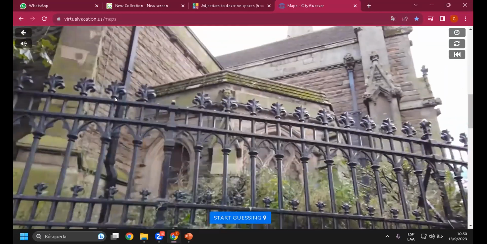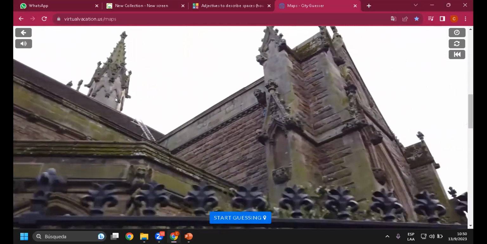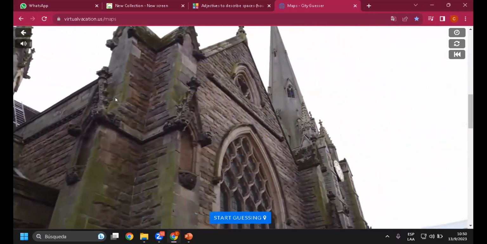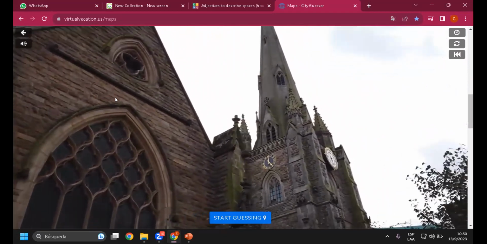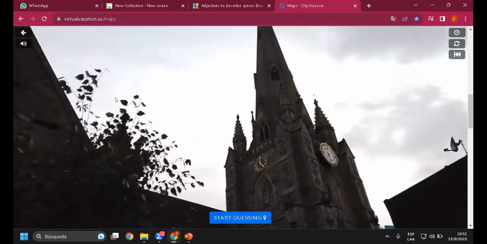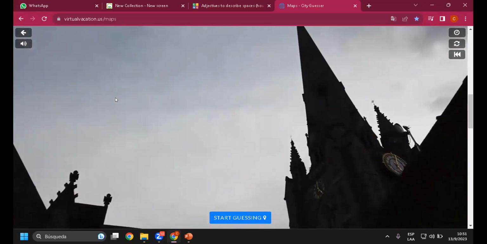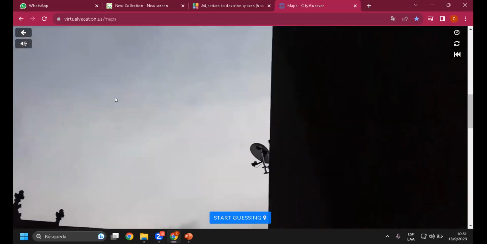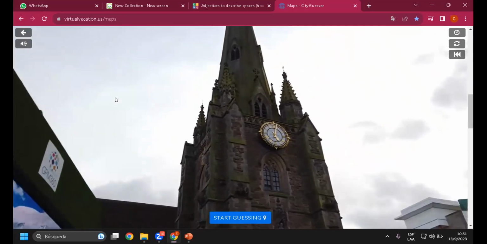Some buildings are pretty traditional. Very good. Pretty traditional. Sounds good. What else? It's very beautiful. Look at this. You can tell me about the weather. What does the weather look like? It's very cloudy.